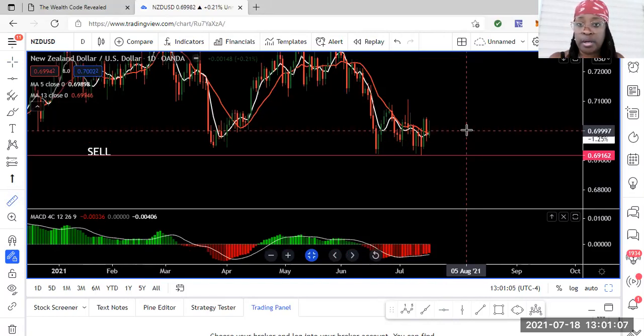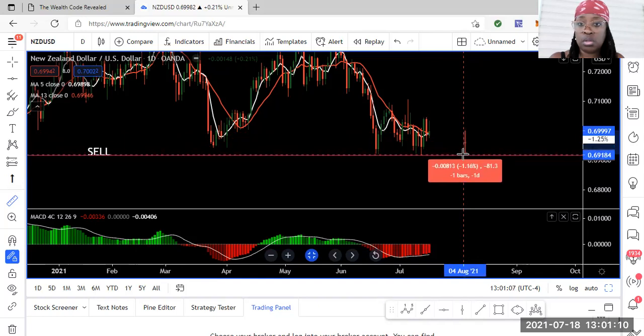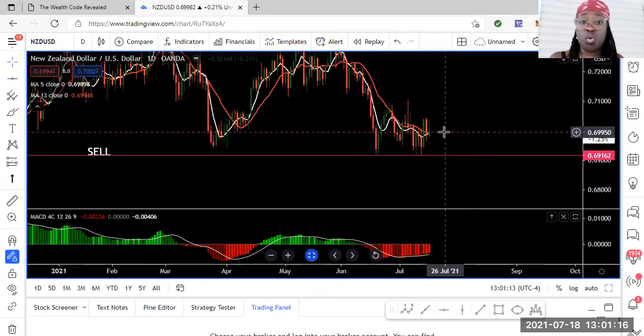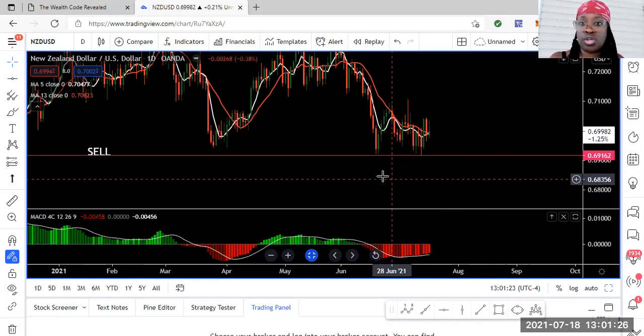From this point down to the support level, about 81 pips. So potentially there's 81 pips that this pair can go before it hits that level, hits the demand zone and turns around.